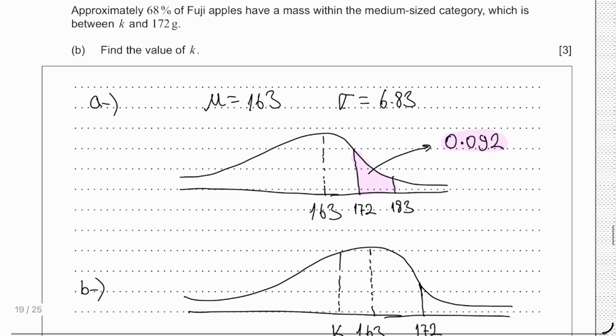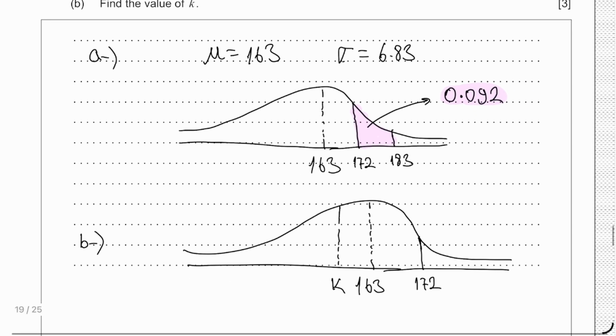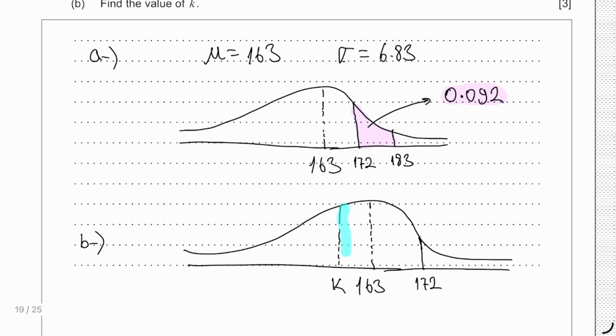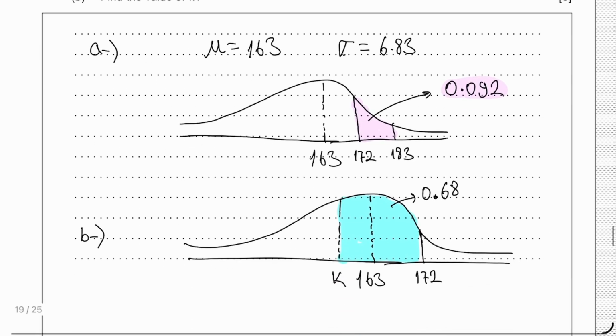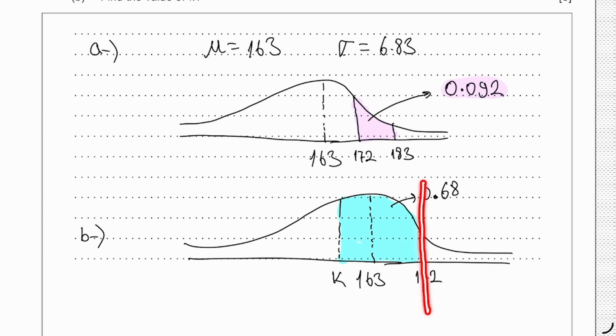And 68% of apples are here, the medium-sized apples. So this area is 0.68, right? First of all, how can we find this K value? First, we need to find the area smaller than 172.